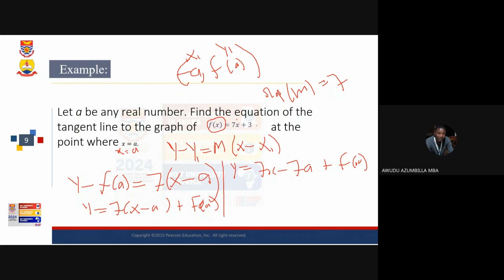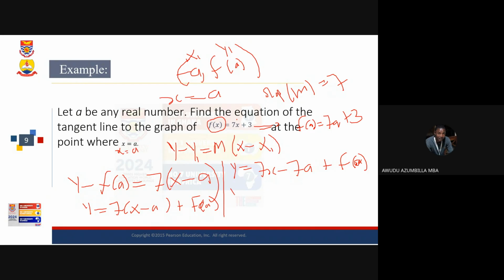So we can rewrite this function as f of a is equal to 7a plus 3, because we are saying that x is equal to a. Remember the equation that we have, f of x there. So wherever we see f of a, we substitute it.